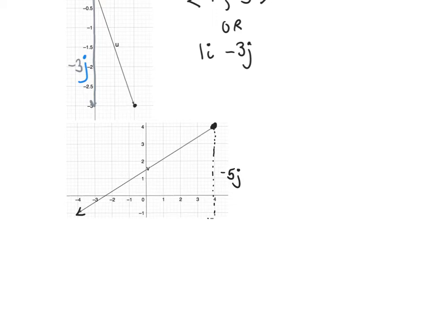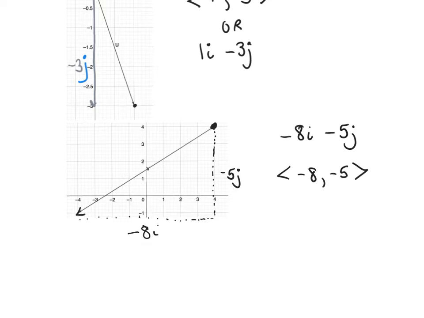And then it's going left this distance. So that distance is going to be from 4 to -4. That's going to be -8i. So this vector is going to be -8i minus 5j, or -8, -5.